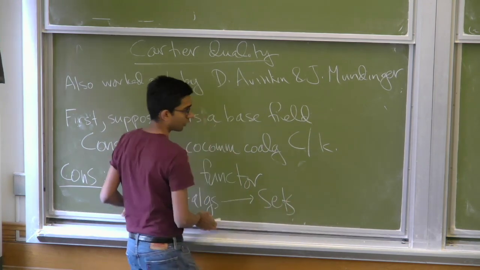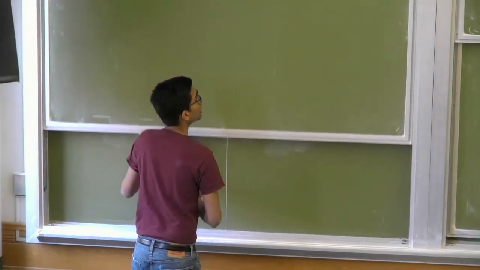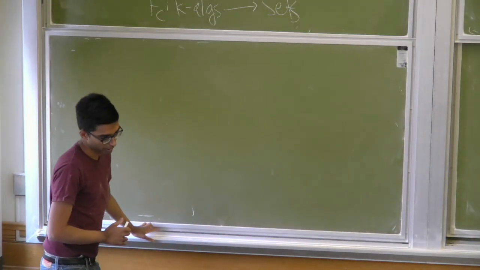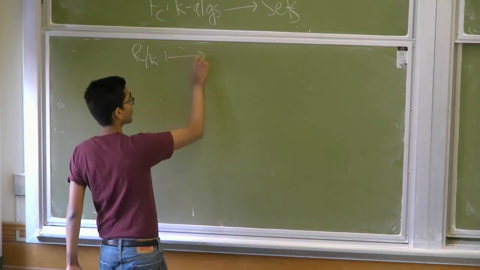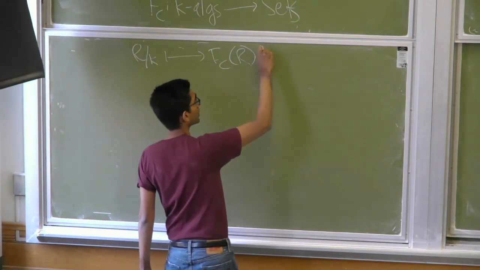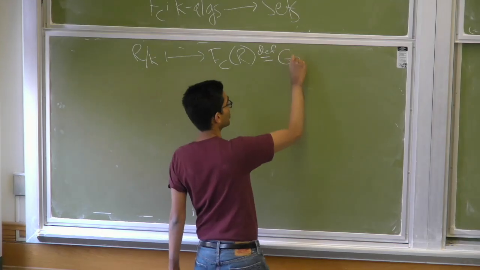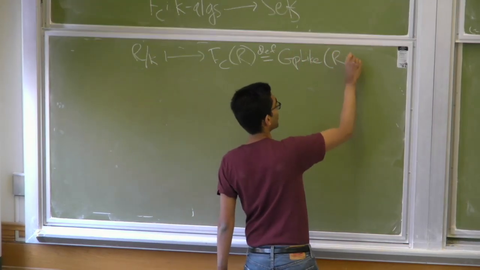And it's defined by the following formula. If R is a K algebra, I'll send it to F sub C of R, and this is defined to be the collection of group-like elements in R tensor over K with C.